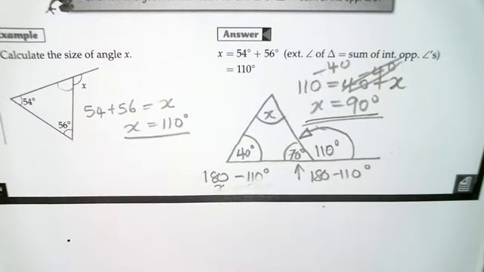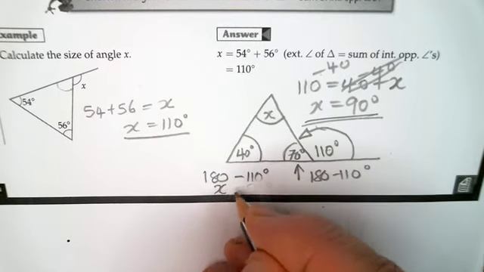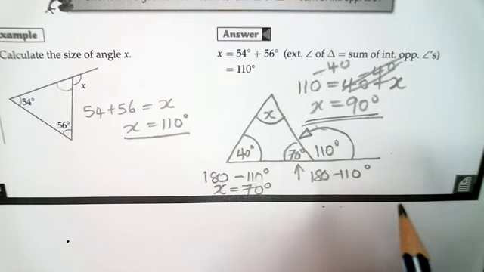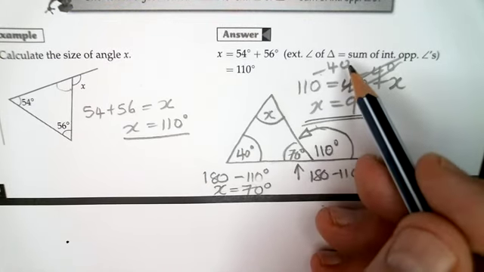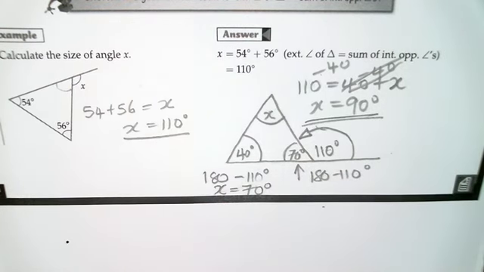What are you doing? So x, of course, is going to be, and by the way, if you can do that, that's really good. That's going to be 70 degrees. Yeah? So we've got 110 minus 110 minus 40. Let's just check, 110 minus 40 is 70.